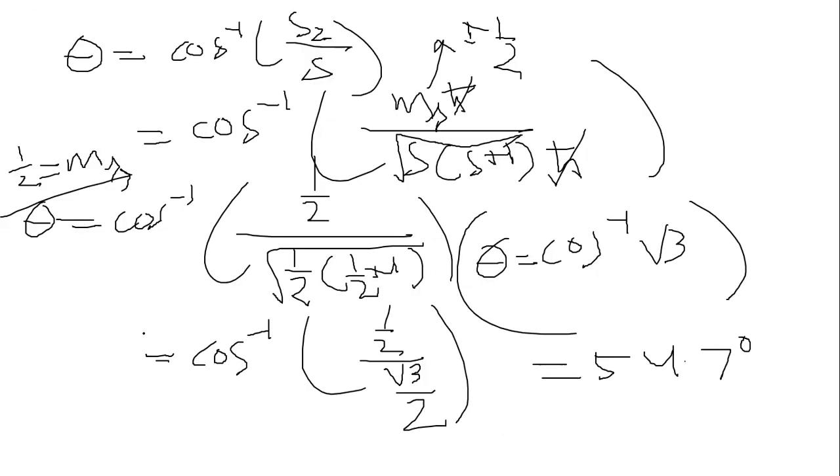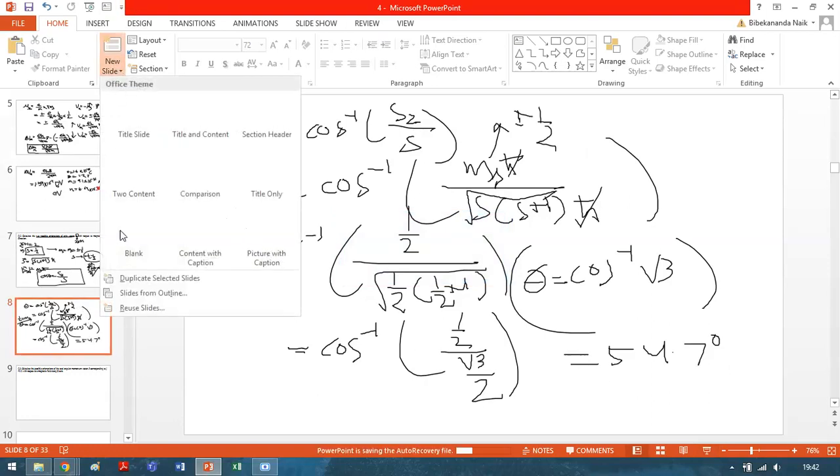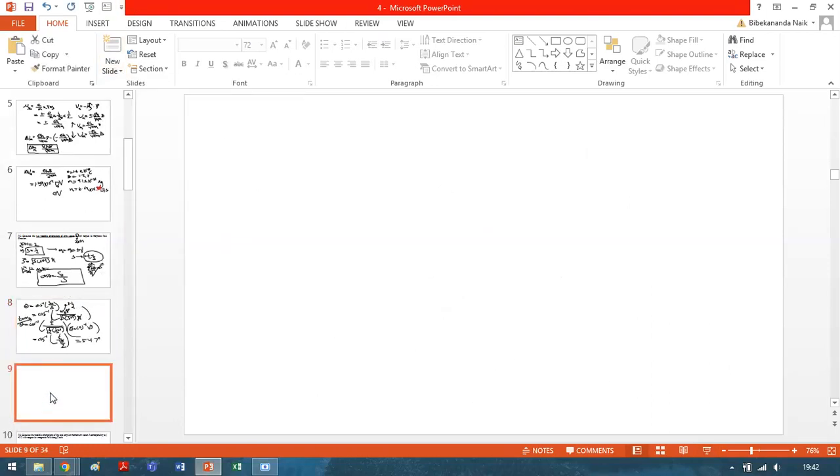So if one is theta, let me add another slide. Similarly, if we take m_s equal to minus half, then what will be theta?